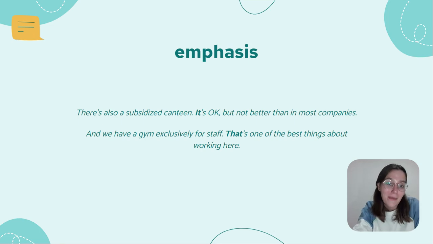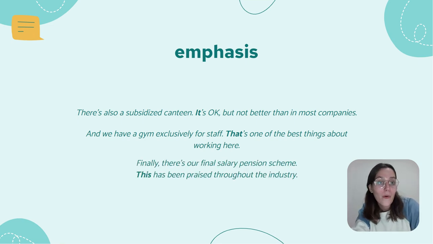That's one of the best things about working here. Or finally, there's our final salary pension scheme. This has been praised throughout the industry. In these last two cases, we are giving emphasis to, and I am drawing your attention to, this element that has just been said.